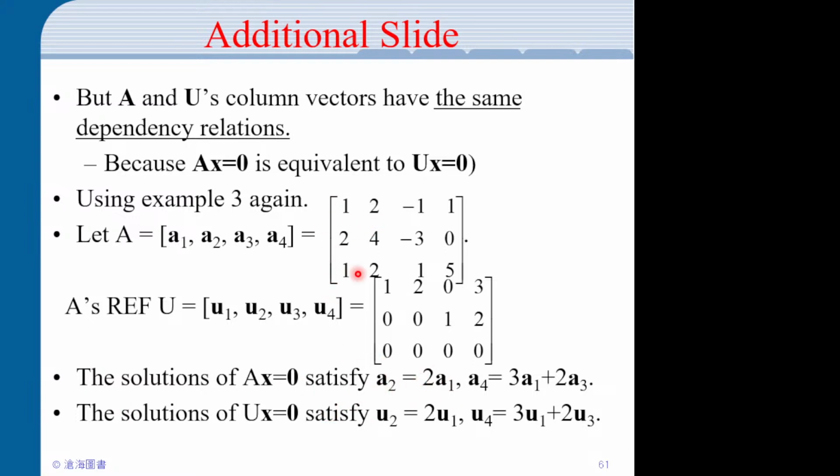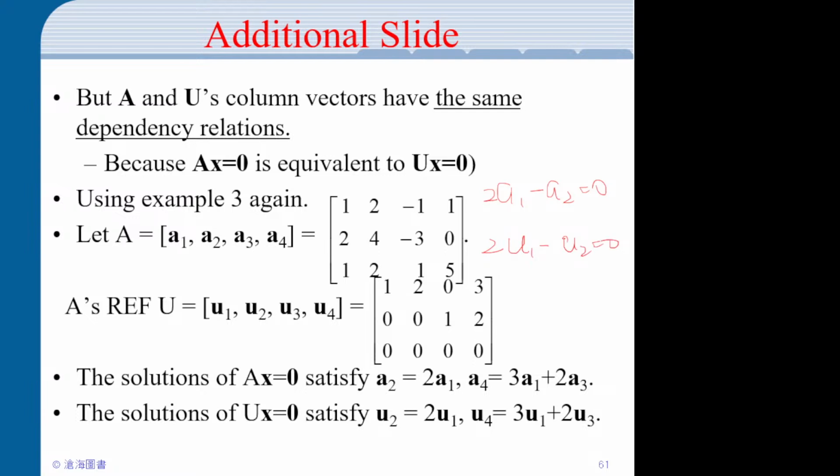So we have 2A1 vector minus A2 vector equal to 0, right? So you have twice this vector minus this vector equals 0. And then you have the same equation: 2 of u1 minus u2 equal to 0.